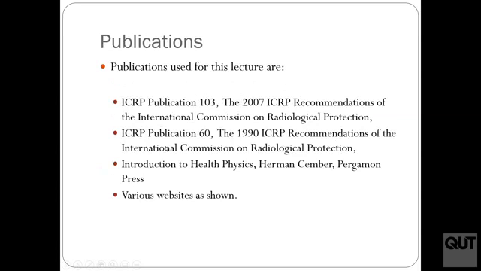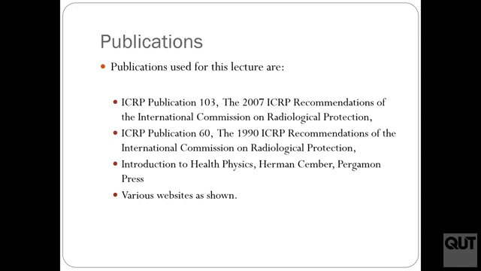The publications used for this lecture are the ICRP publications. ICRP is the International Commission for Radiological Protection, and they issue all sorts of documents. They've been around for a long time. They issue documents a couple of times a year, on all sorts of different topics, but the main ones, the general recommendations, come out maybe every 20-25 years.